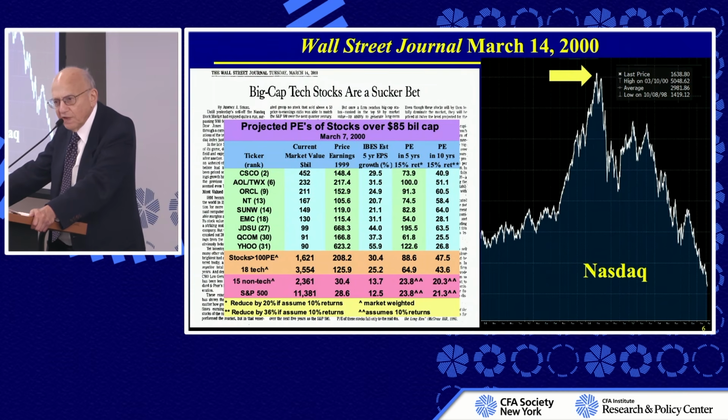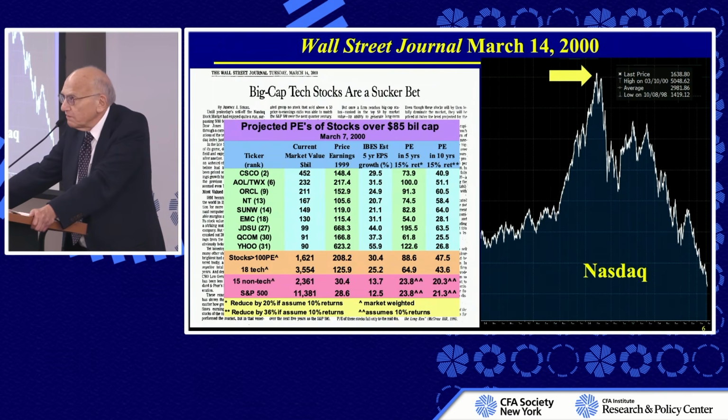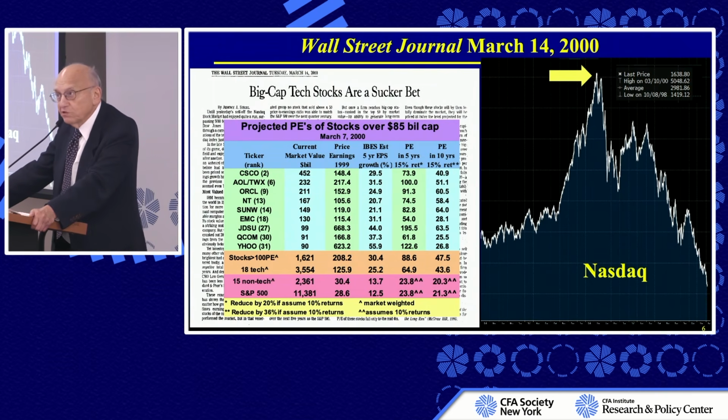What kind of compound rate of return is it from 5,000, the crazy peak, to today's level over the last 25 years? Should be able to do that in your head, right? 6% a year, double, what's the rule of 72? 6% a year, that's 12 years to double. So 24 years goes up 4 times.